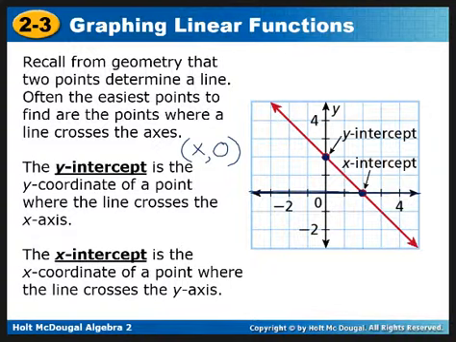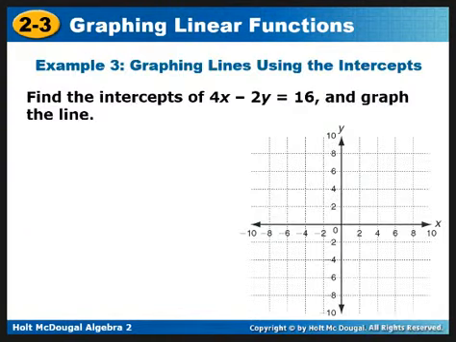At the same time, it does not matter what our y value is for our y-intercept. The x value is always going to be 0. So the same idea applies. If I want to find the y-intercept, I'm going to fill 0 in for x and solve for y. All right, so now an example of how that's going to work.